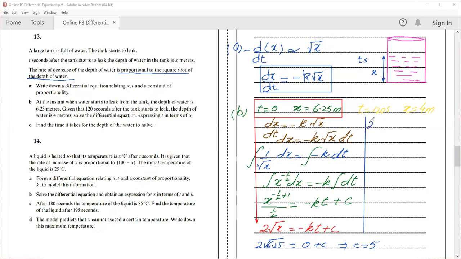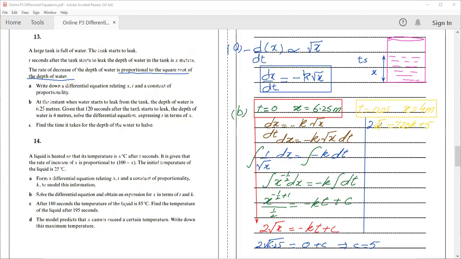So 2 times under root x, meaning 4, is equal to minus k times t, meaning 120, and the value of c is just plus 5.